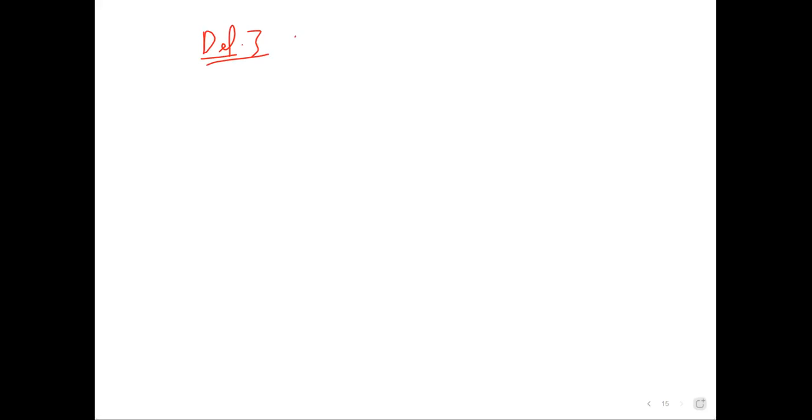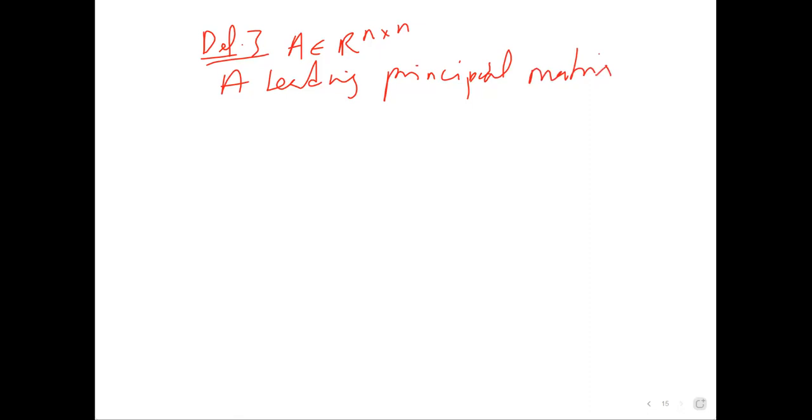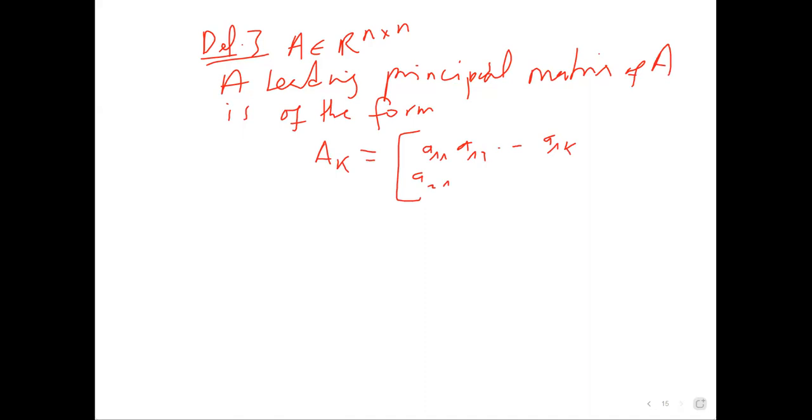If we have a matrix A in R^(n by n), then we say that a leading principal matrix of A is of the form, let me call it A_k, with entries A11, A12, up to A1k, A21, down to Ak1, up to Akk, for 1 less than or equal to k less than or equal to n.